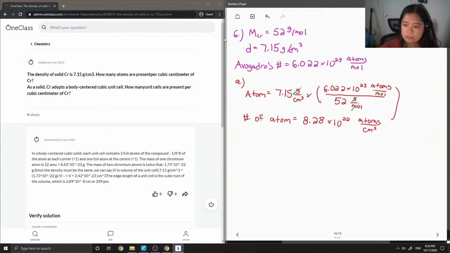Okay, so next let's look at part B of this question. As a solid, chromium adopts a body-centered cubic unit cell. So first let's draw what a BCC unit cell looks like, just so that we can all kind of picture it.